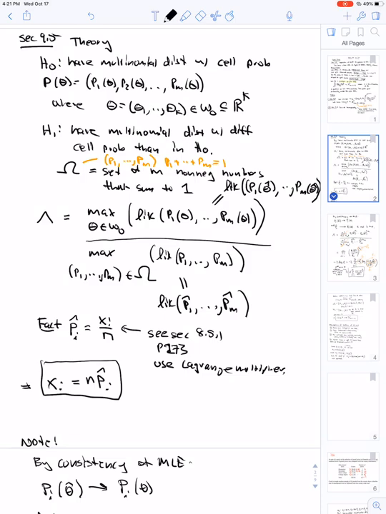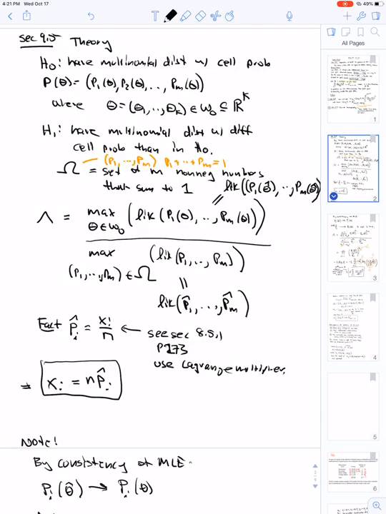And so lambda is the max over theta in omega naught of the likelihood of p1 theta to pm theta, over the max where our probabilities are any m-tuple in our sample space. So we're running over all probabilities, and it's the likelihood of those probabilities.